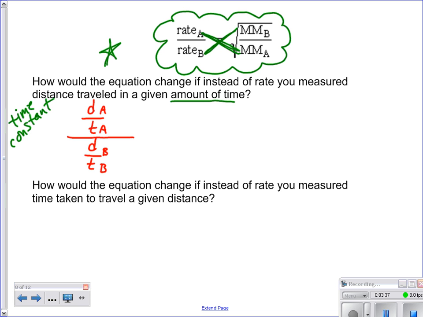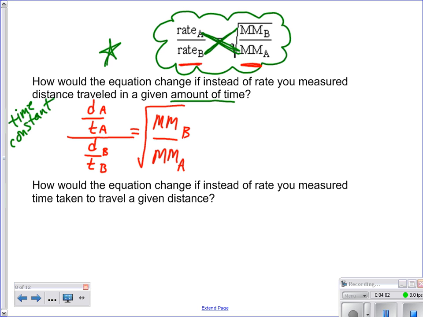Everybody needs to be writing this down. Well, that's going to be equal to, I just took this and actually changed it to distance divided by time. Everything on the right-hand side of that equation remains unchanged. We've got molar mass of B divided by molar mass of A. That does not change.